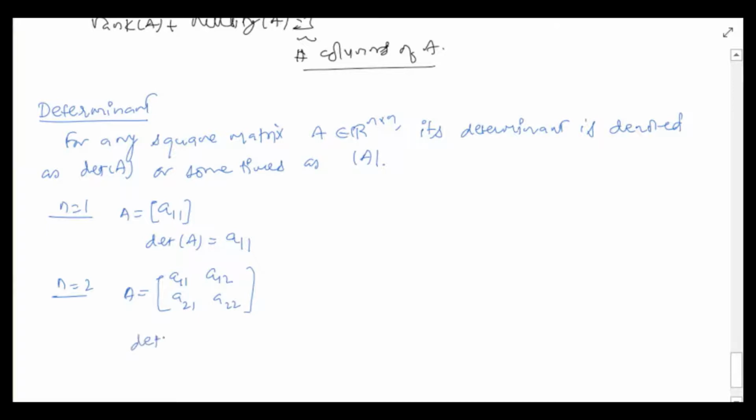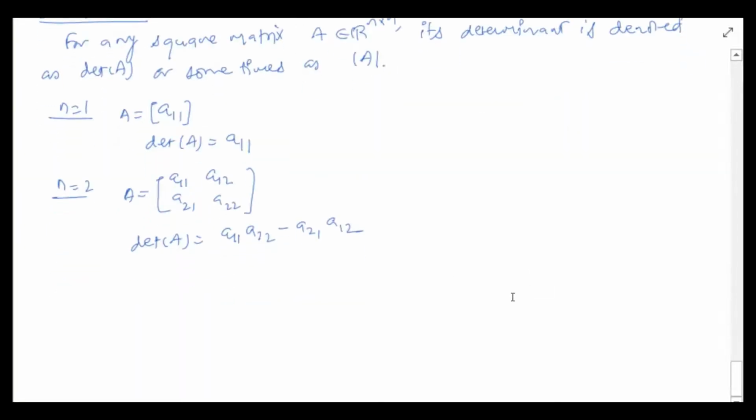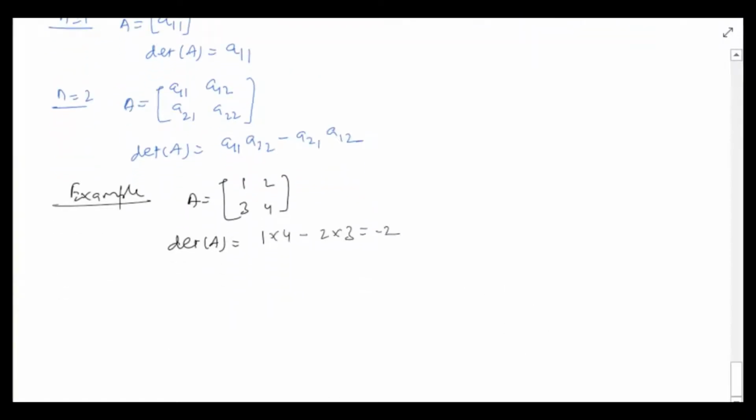Then the determinant of A is A11 times A22 minus A21 times A12. Let's see an example. Suppose A is 1, 2, 3, 4. Then the determinant of A will be 1 times 4 minus 2 times 3, which will be minus 2.